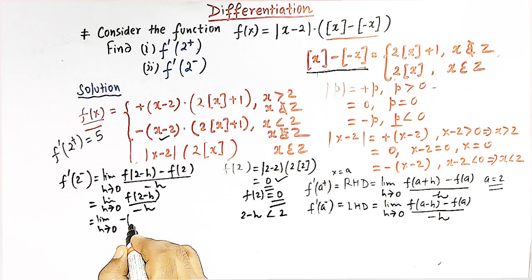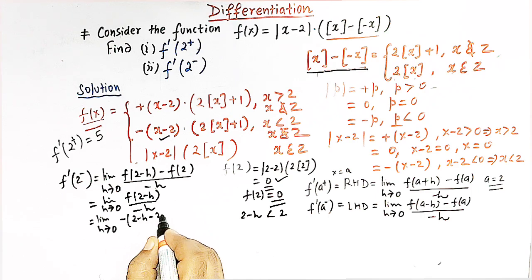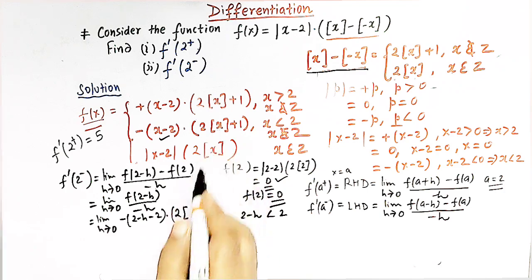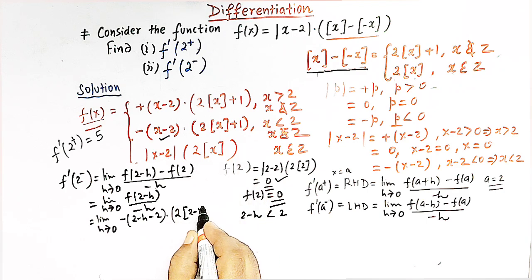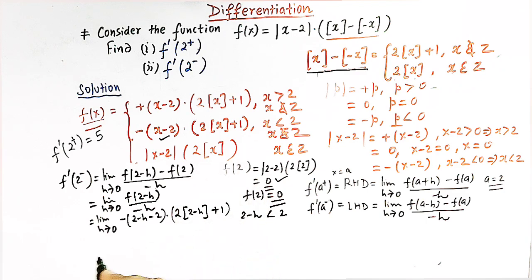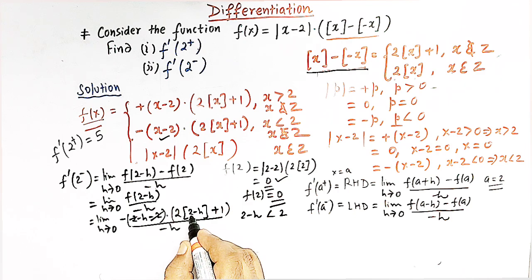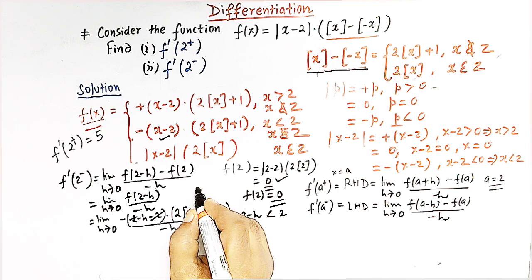So we have minus 2 minus h minus 2, and then we have 2 times the greatest integer of x, that is 2 minus h. Here we have 1, and now here we have minus h. Now see, this 2 and this 2 get cancelled, and here we have greatest integer of 2 minus h.